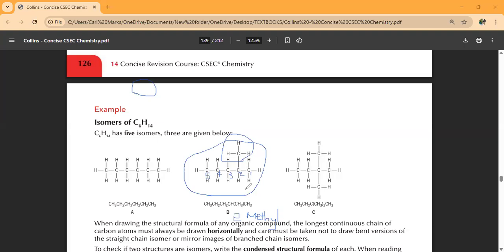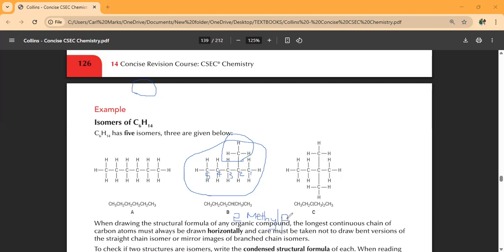And then we have to look for the longest chain now. How many carbons are here now? 1, 2, 3, 4, 5. What's the prefix for 5? Anybody can remember? Remember, it's just like maths. Pentagon, 5, right? So this is pent. And what do you think might be the ending now?